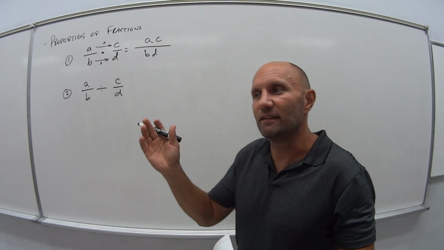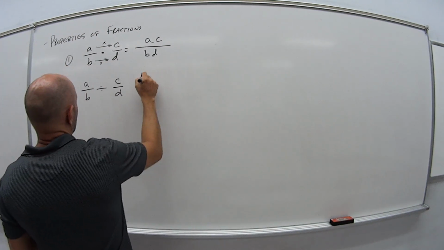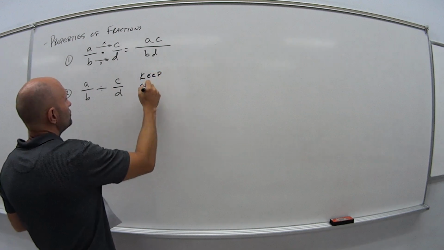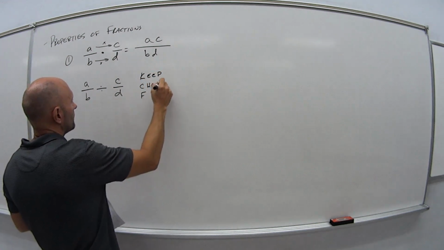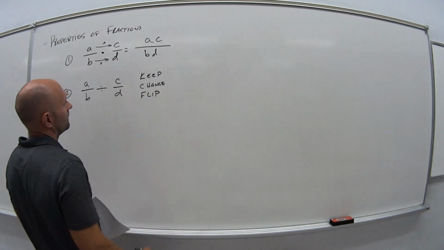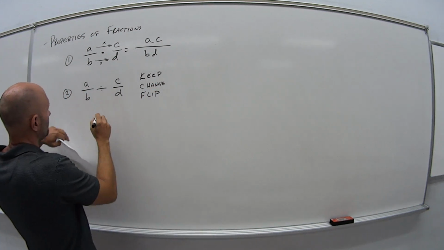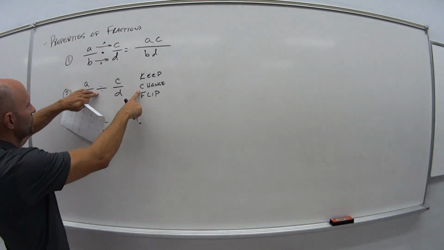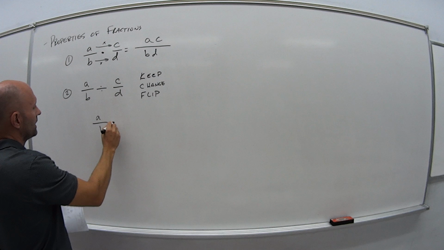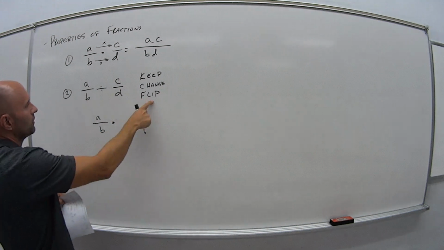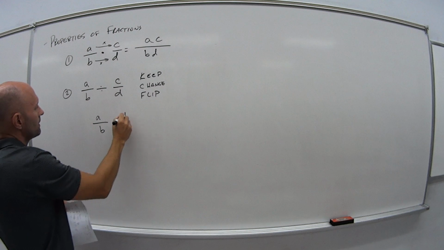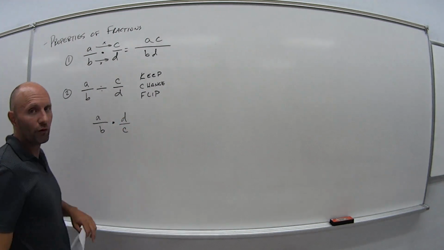This isn't KFC, this is KCF, which is keep, change, flip. So I'm going to keep the first part, A over B. I'm going to change the division sign to a multiplication sign, and then I'm going to flip the last fraction. So instead of C over D, I have D over C.